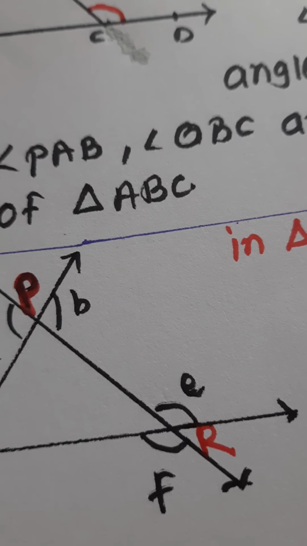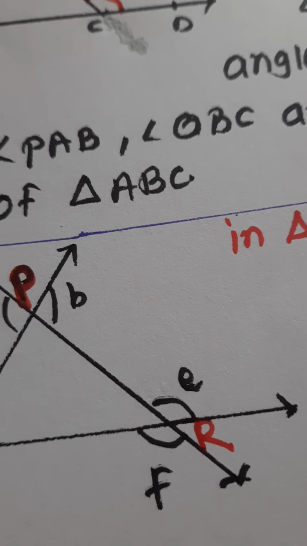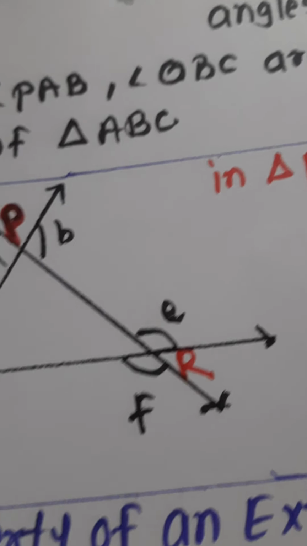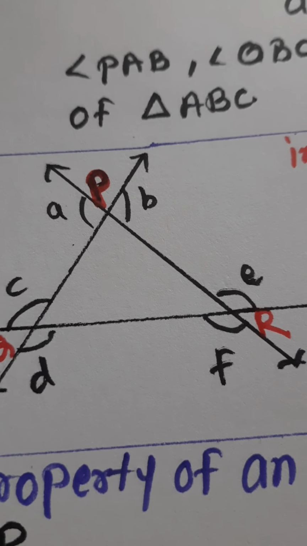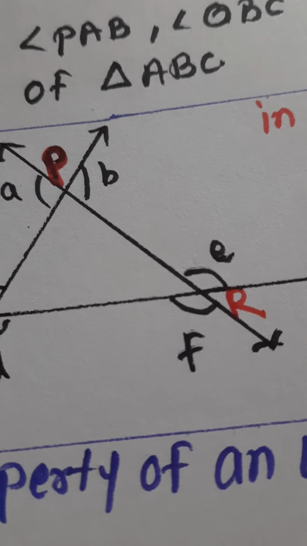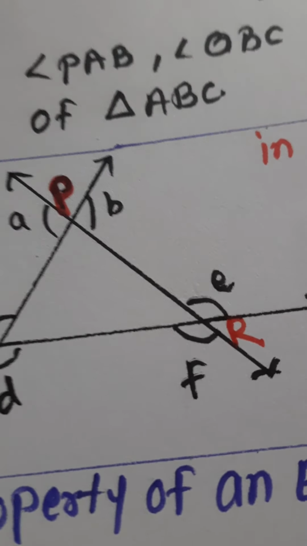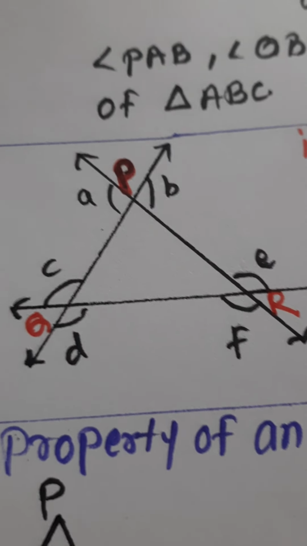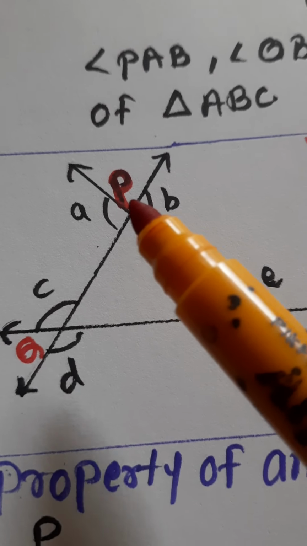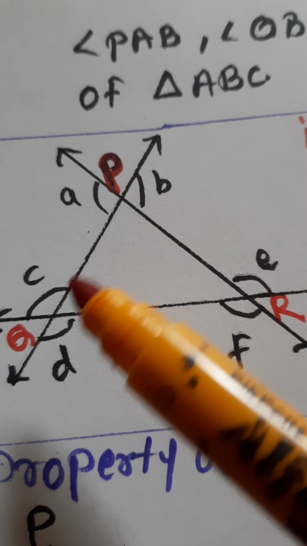On extending the three sides, we get exterior angles, and every triangle has 6 exterior angles. Here I have shown triangle PQR and extended all the sides.